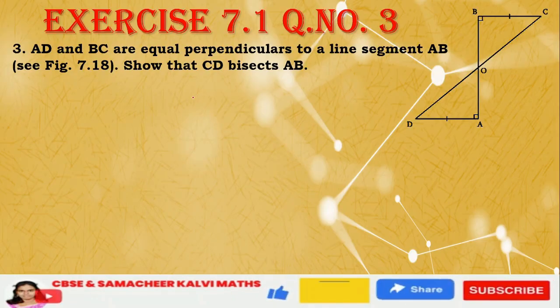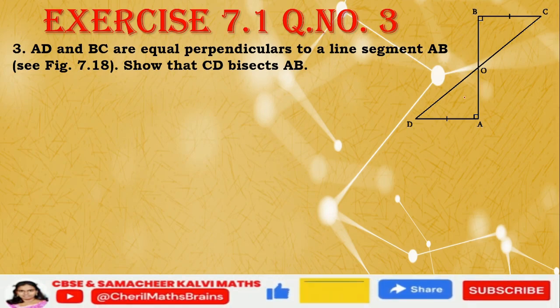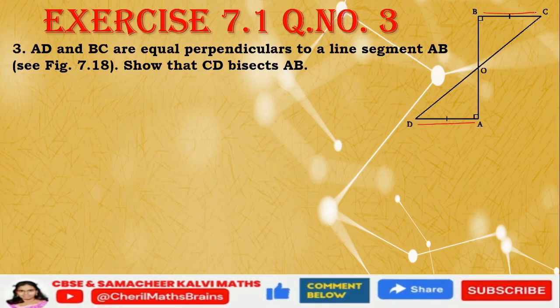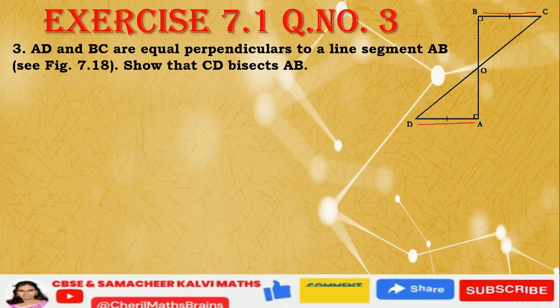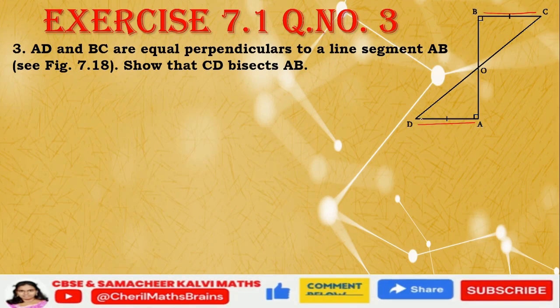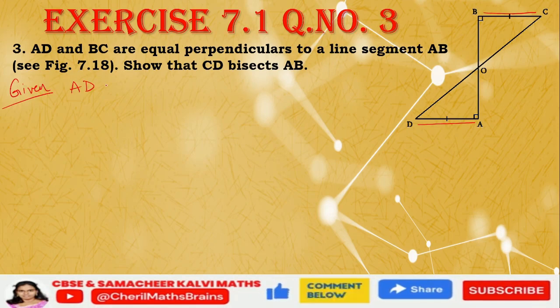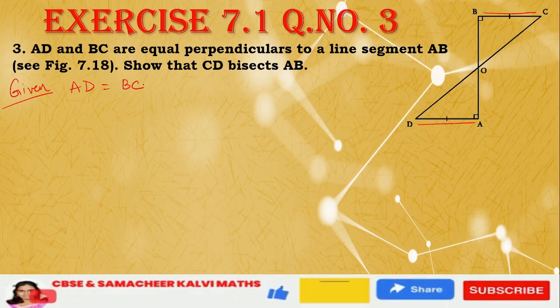Here we are given that AD and BC are equal perpendiculars to a line segment AB. So from AB these two are going to be equal. That means we are given that AD is equal to BC.